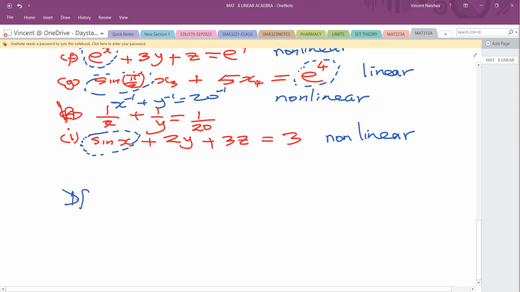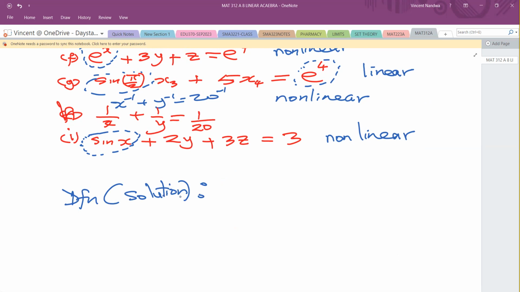So let's now define what we call a solution to a linear equation. A solution to a linear equation is simply a set of real numbers that satisfy the equation.